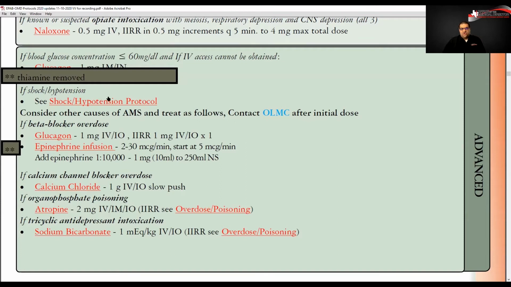But in general, I don't think we were catching a lot of it, or rather, it wasn't really out there. So we've removed thiamine as a drug in the formulary. And then again, that new starting dose of 5 micrograms per minute of epinephrine infusion for beta blocker overdoses, which you'll continue to see throughout this book.